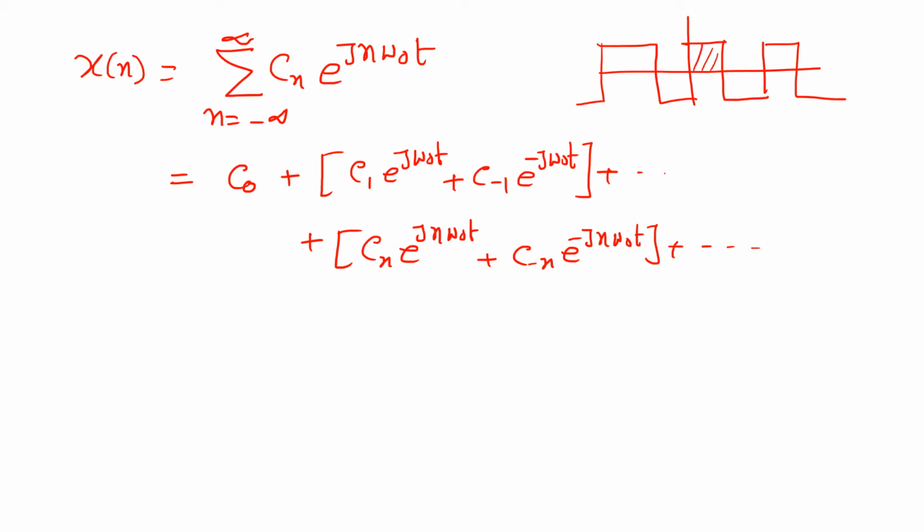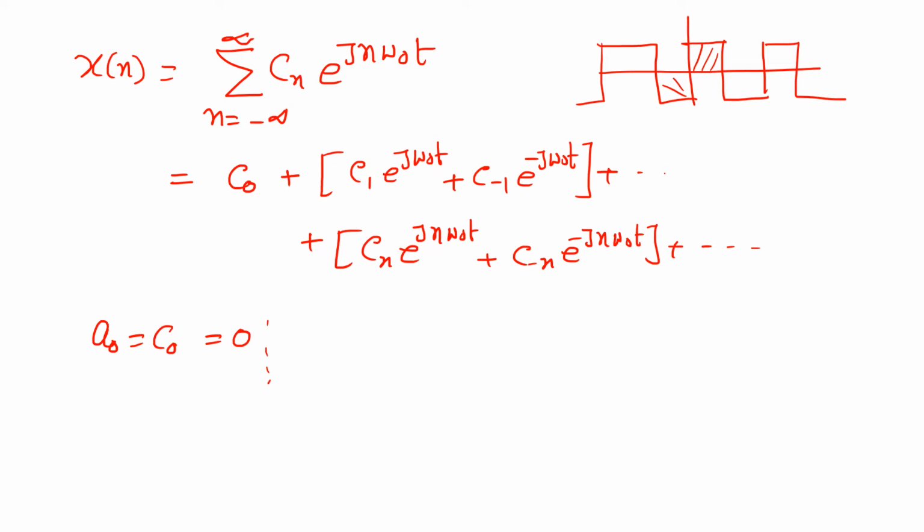The positive half and the negative half are the same, so the area within one period becomes 0. So C0 is 0. So simply A0 equals C0 equals 0. Right?